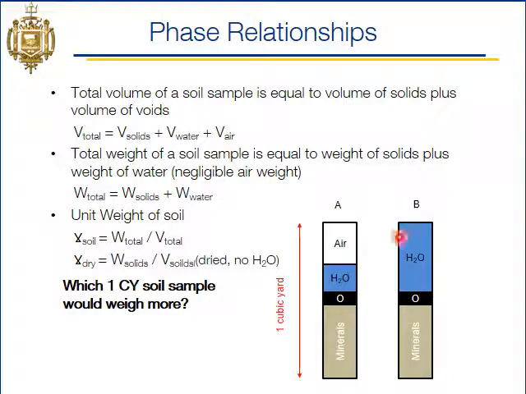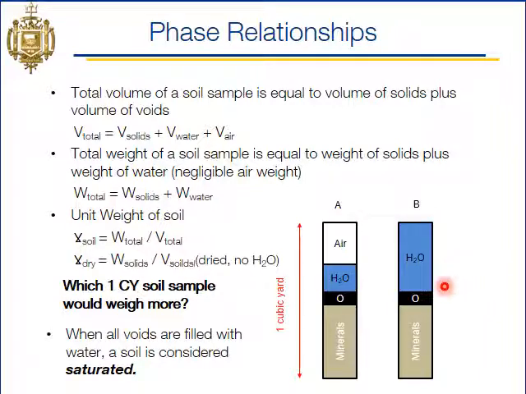So soil sample B is going to weigh more, and soil sample B will also have a higher unit weight than soil sample A, even though they have the same amount of minerals, because B has more water in the voids, it weighs more, same volume, so higher gamma.